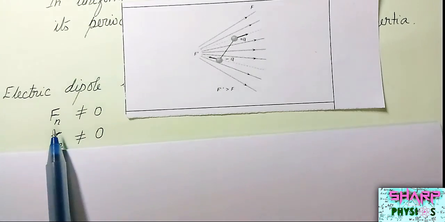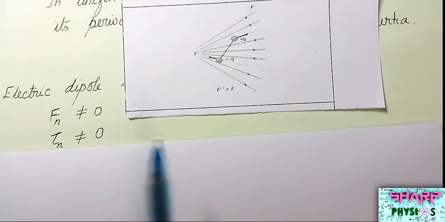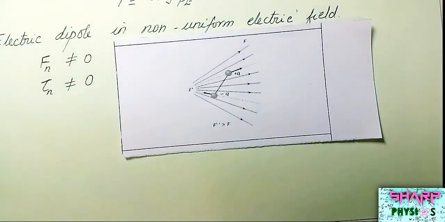For an electric dipole in a uniform electric field, the net force is equal to 0 and the net torque is equal to 0. But in a non-uniform electric field, the net force is not equal to 0 and the net torque is also not equal to 0.